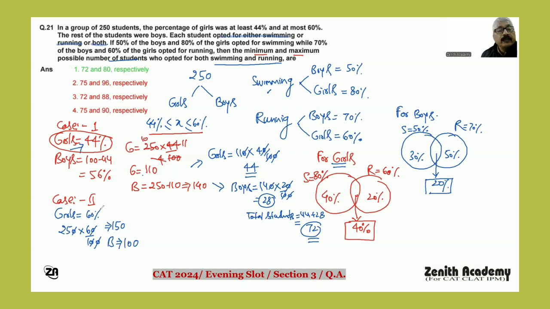And in second case, when the girls are 150 and boys 100. So in this case, girls opted for both swimming and running 40%. So 40% of 150 is 60. And boys 20% of 100, that is 20.